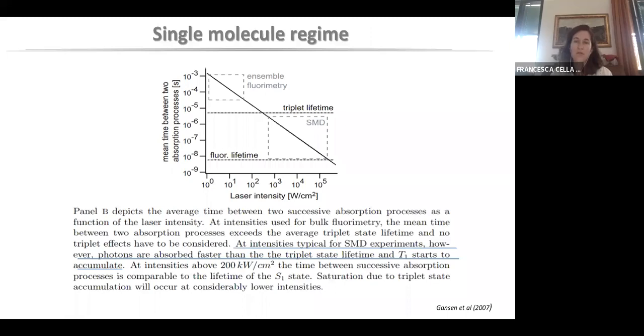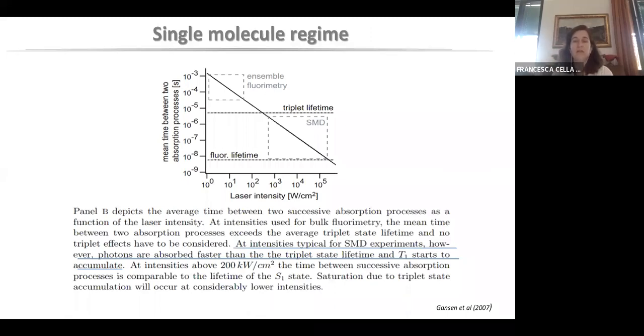Here is just to give you an idea of the range where you have to be placed to perform single molecule detection, because it's not so easy. You don't just put your sample under the microscope and then see molecules popping out. The point is finding the right laser intensity.